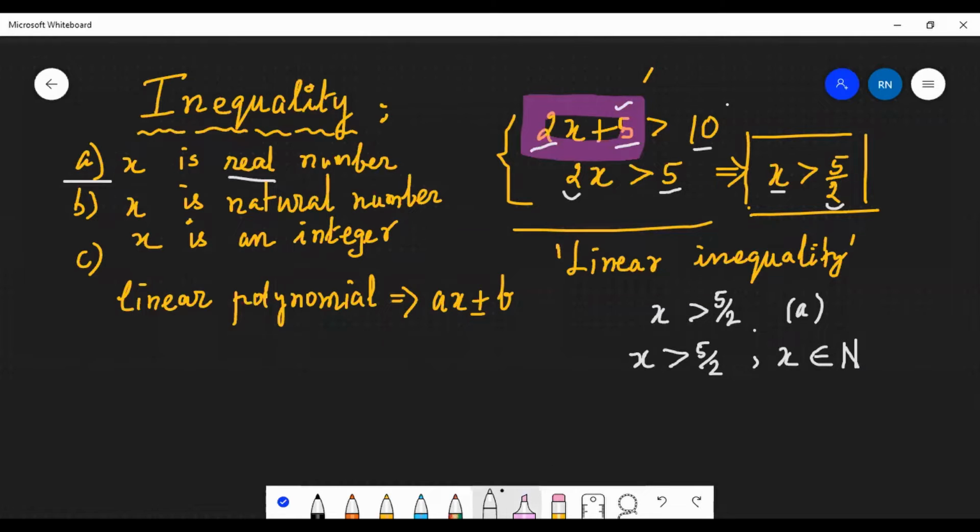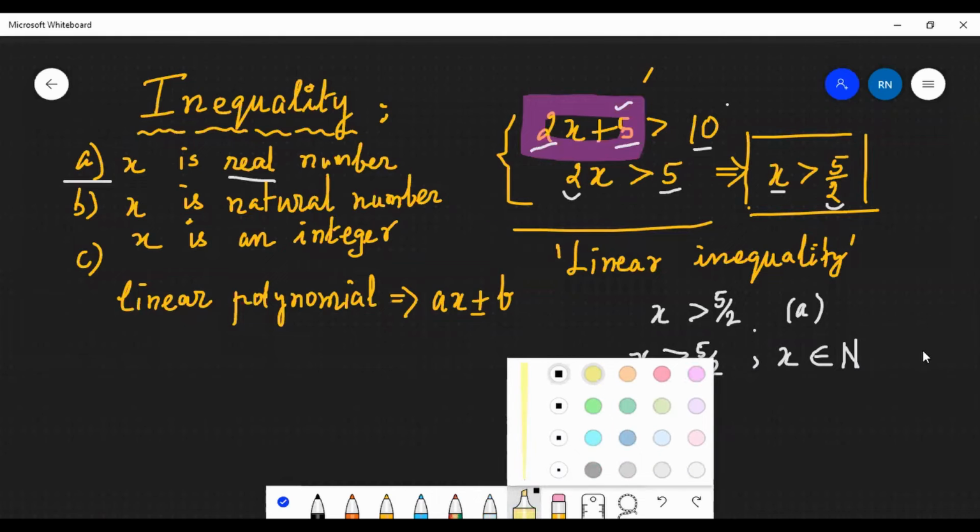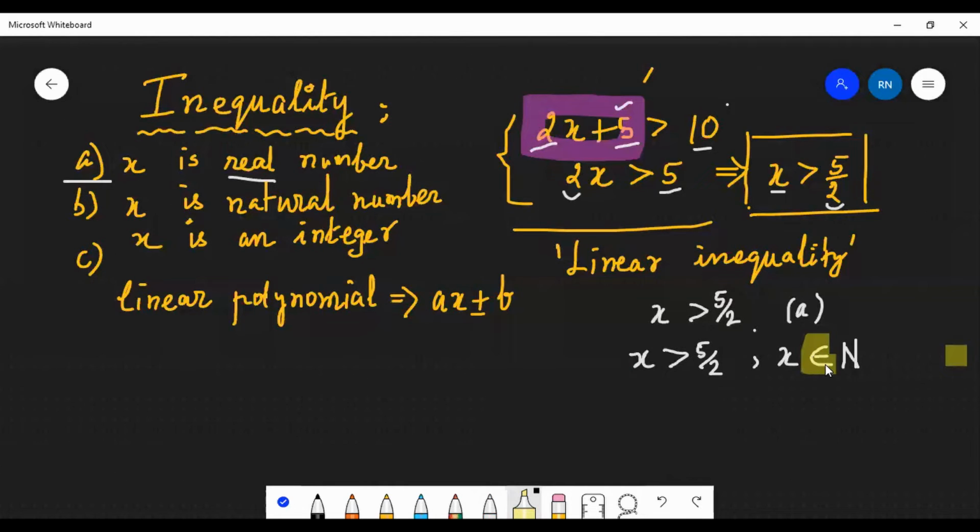What is this symbol I have used now? The symbol, everybody may not be familiar. This symbol implies belongs to. The meaning of the symbol, how will you read it? Belongs to. When you read it, how will you read?